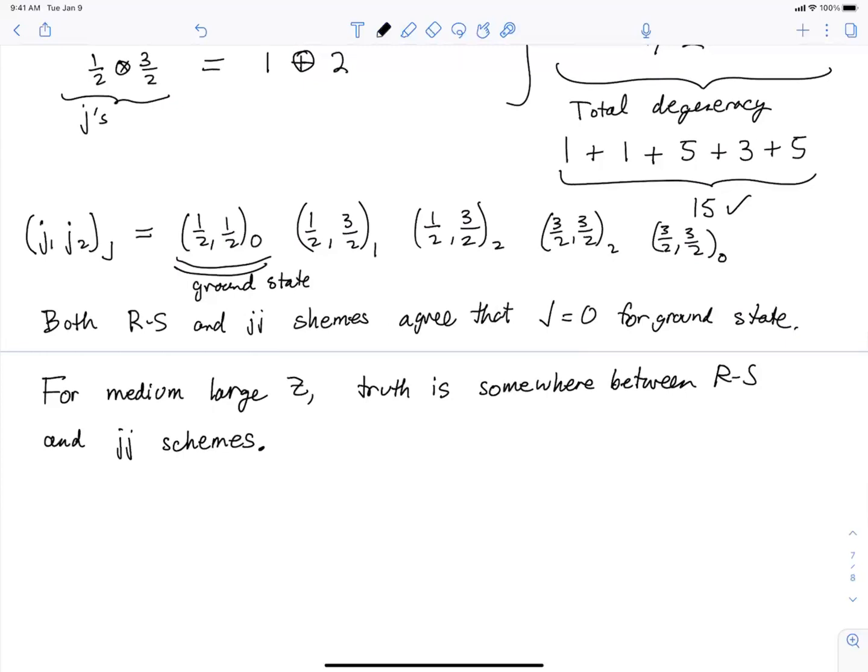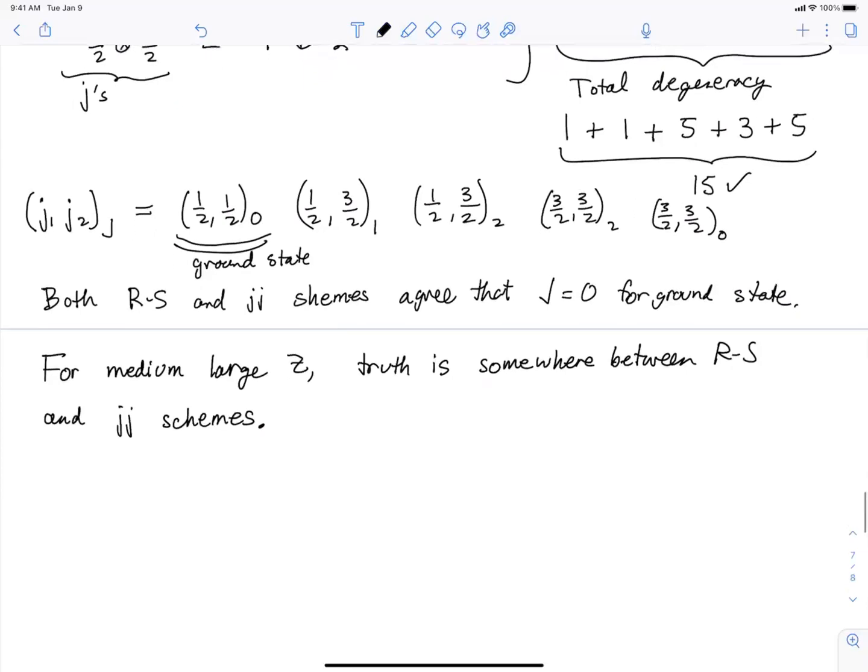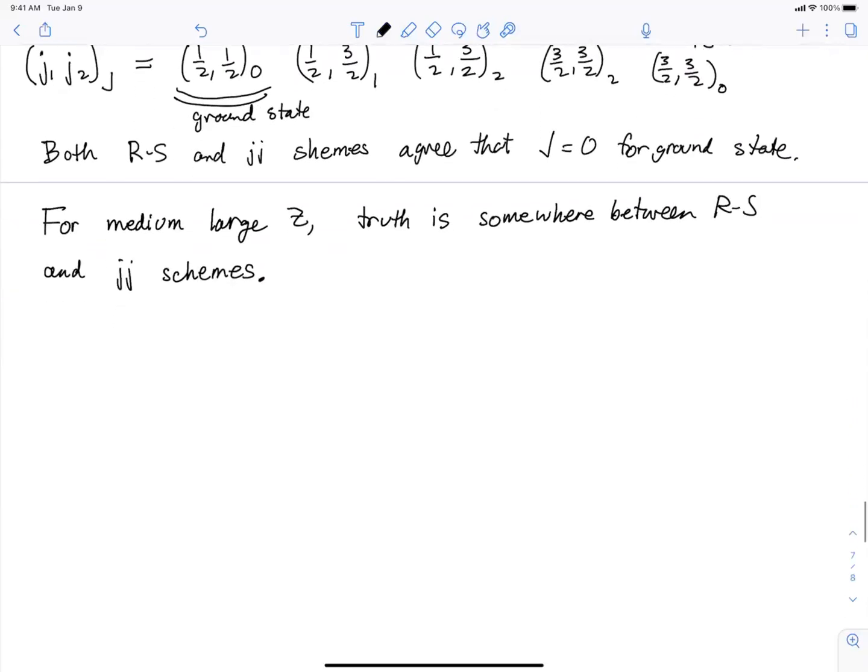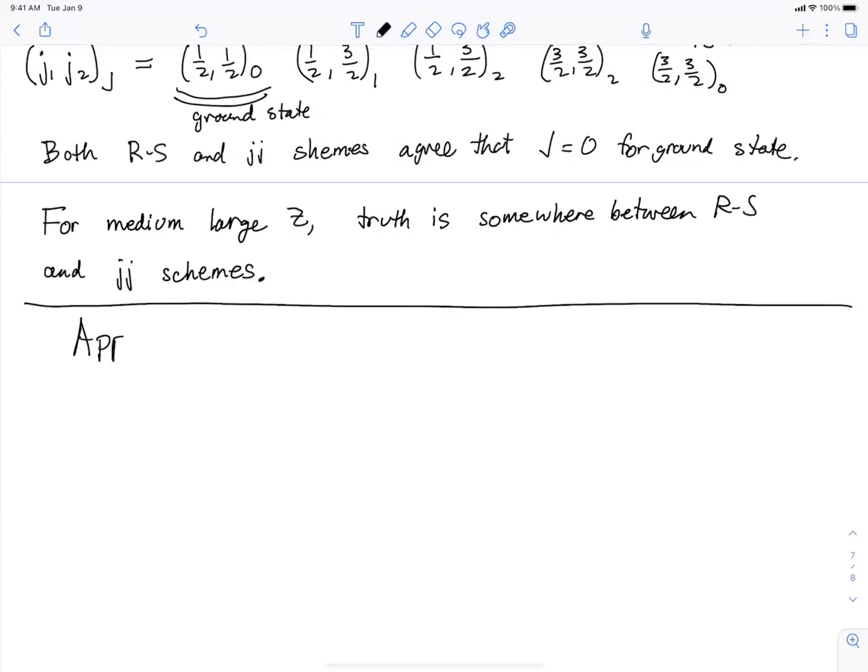All right, any questions on that? Because we're about to do a significant change in topic. All right, so our next big topic is going to be approximation schemes for time-dependent problems, or approximations for time dependence.